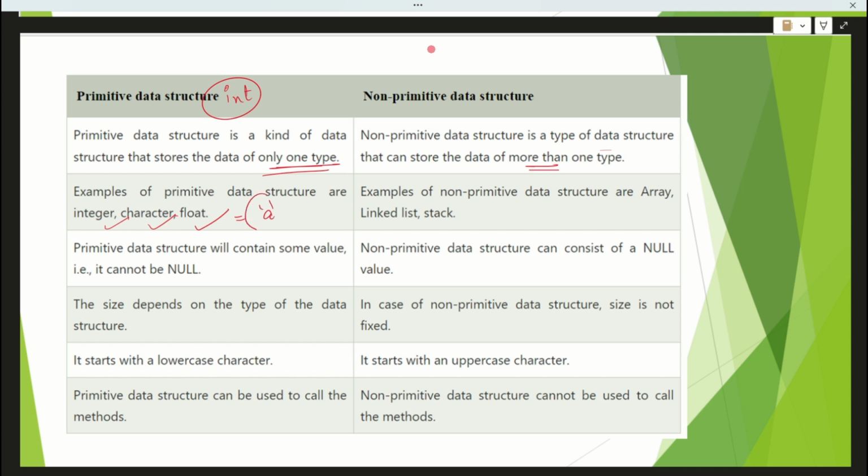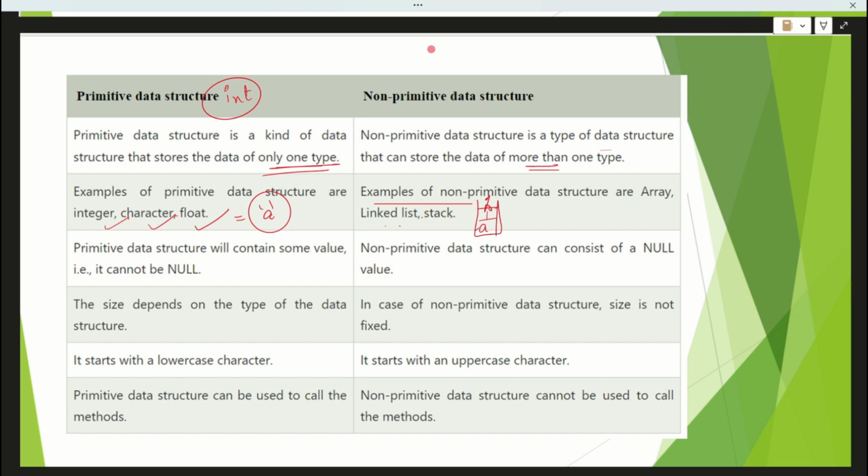Like a character, you can't break this. But non-primitive data types are arrays, linked list, stack, where a number of values can be stored, like in the stack A, 1, B, 2. I hope the things are clear to you.